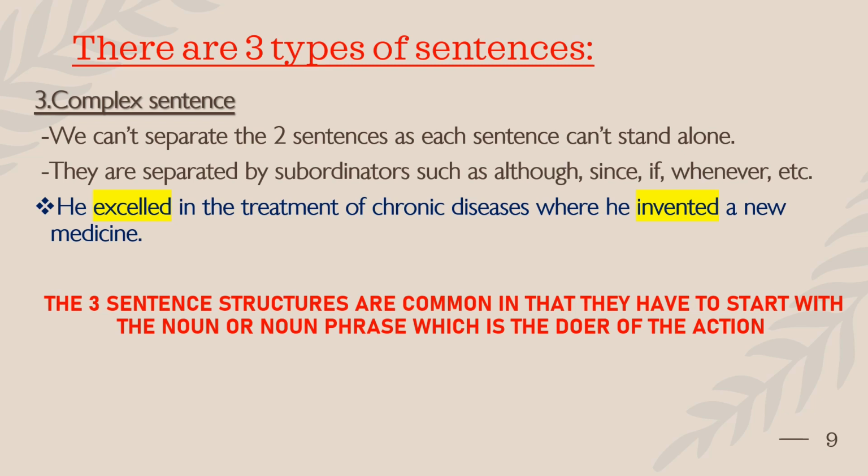"He excelled in the treatment of chronic diseases" is independent. But "where he invented a new medicine" is a dependent clause which can't stand alone. The three sentence structures are common in that they have to start with the noun or the noun phrase, which is the doer of the action.